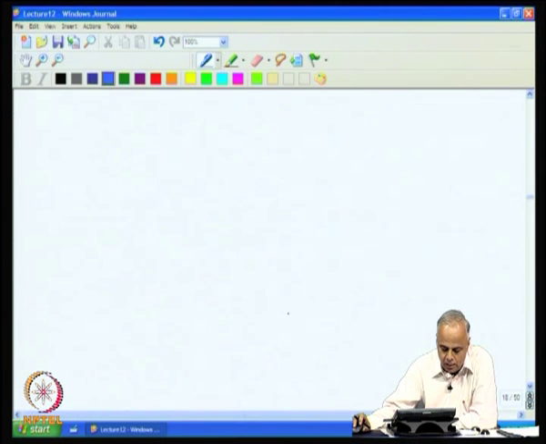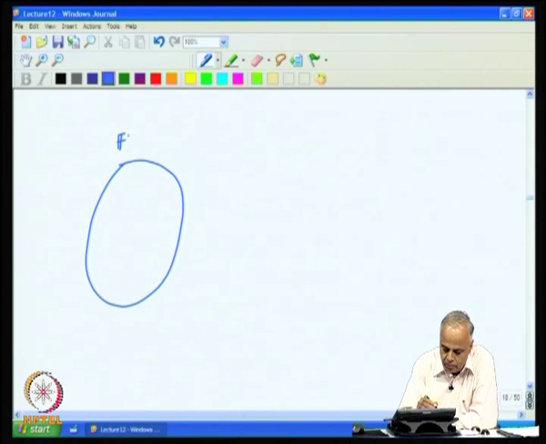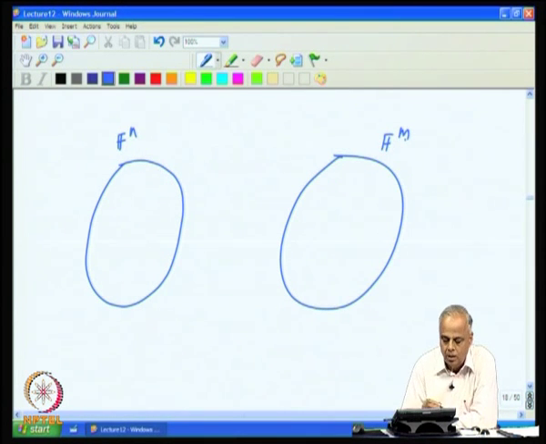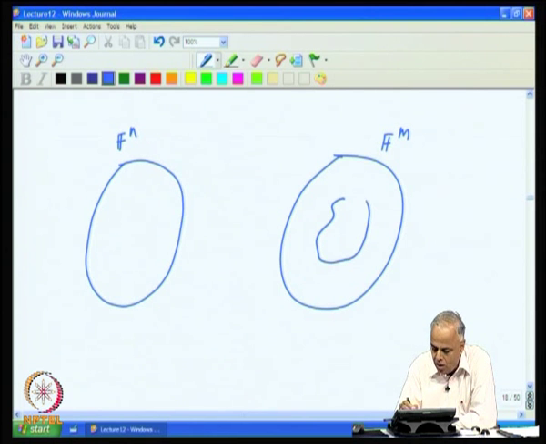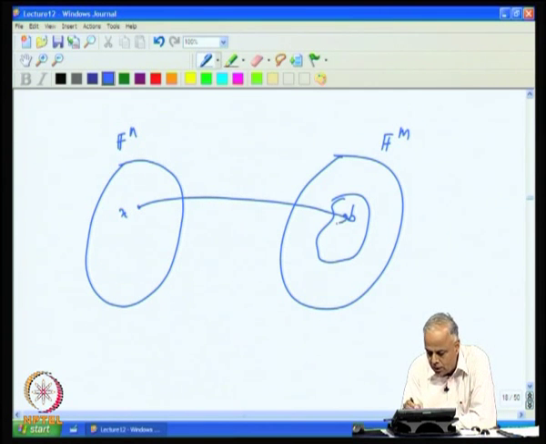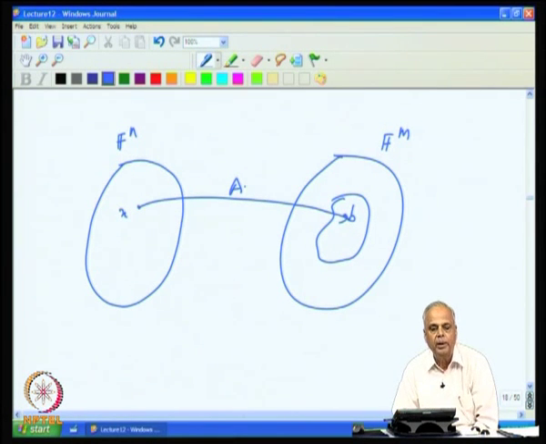On the other hand, to get the range, we look at Fn, and we have the Fm here. Now, we collect all those vectors B for which I can find an x here which goes and falls there. So, you can say B is the value taken by A at some point x.